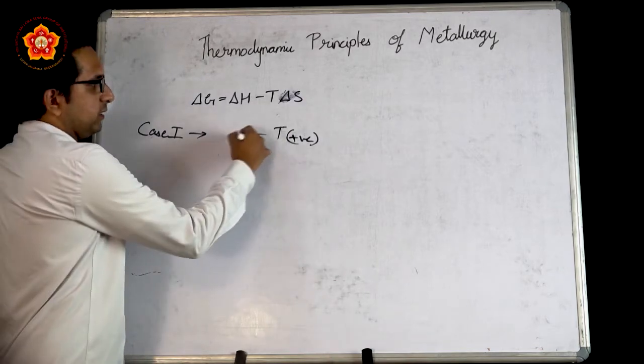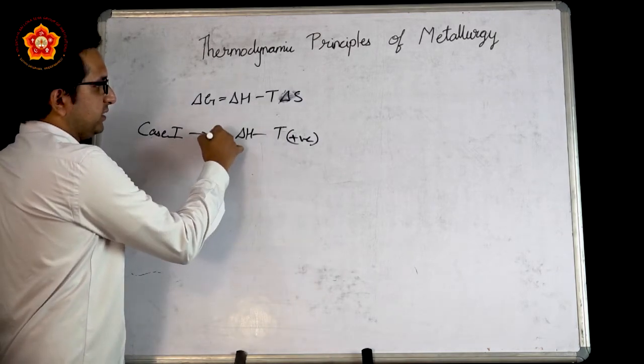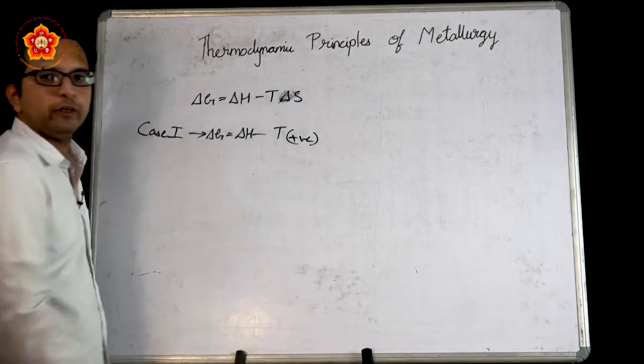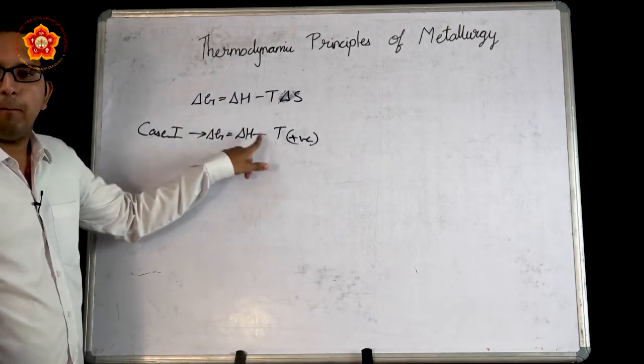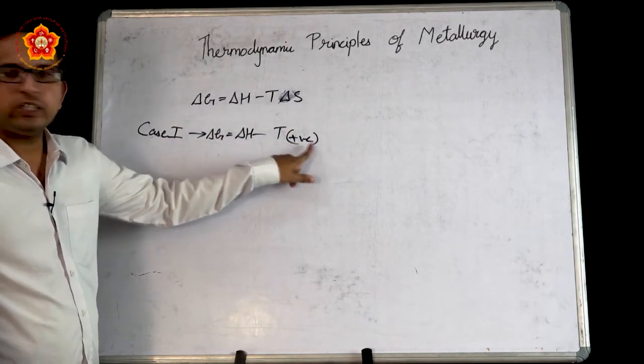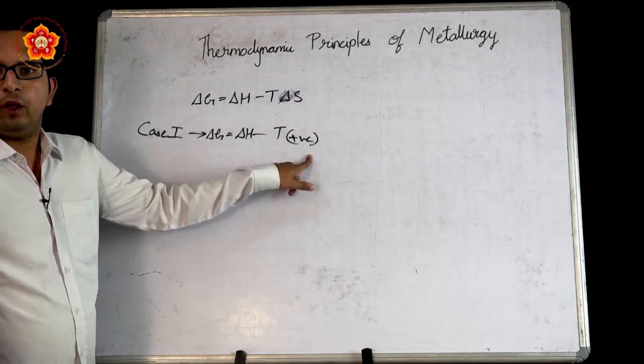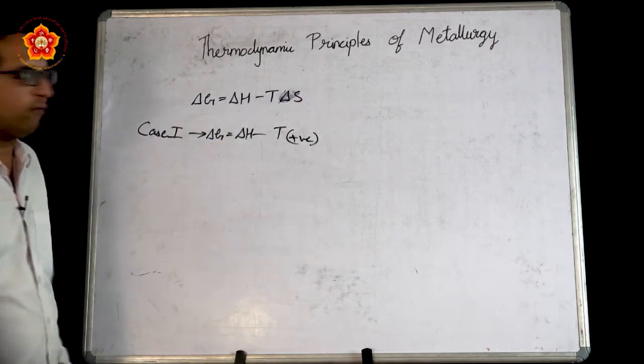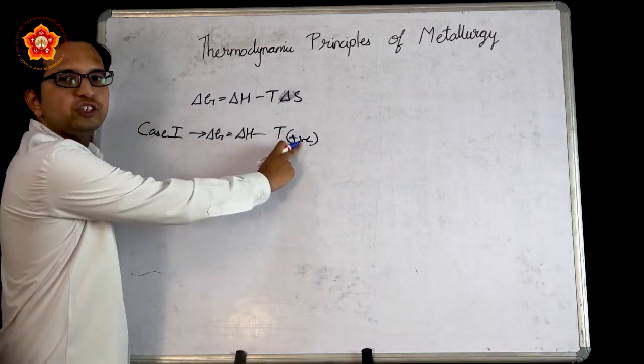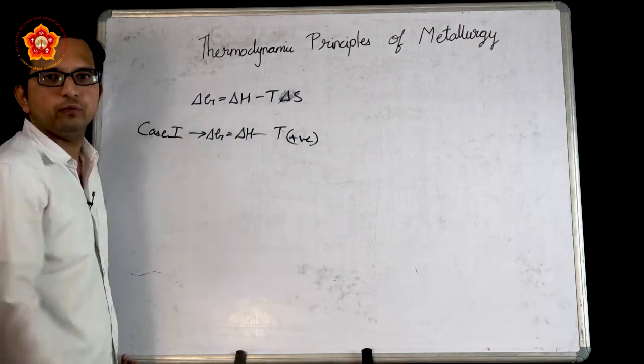In this case, the equation remains as it is and delta G will be equal to delta H minus T times a positive value of entropy. By mathematical formulations, we are aware that a negative into positive factor will always be negative.